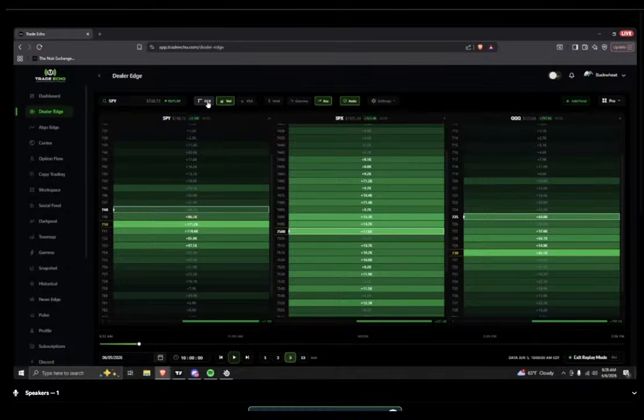It's like seeing where the crowd has parked their money, where we as retail are really focusing on these certain strikes. So the larger the open interest at a certain strike, the more important that level can be. Because remember, dealers may have to hedge around it, and that doesn't mean that price has to go there, but if price gets near that level, we've got to pay attention.